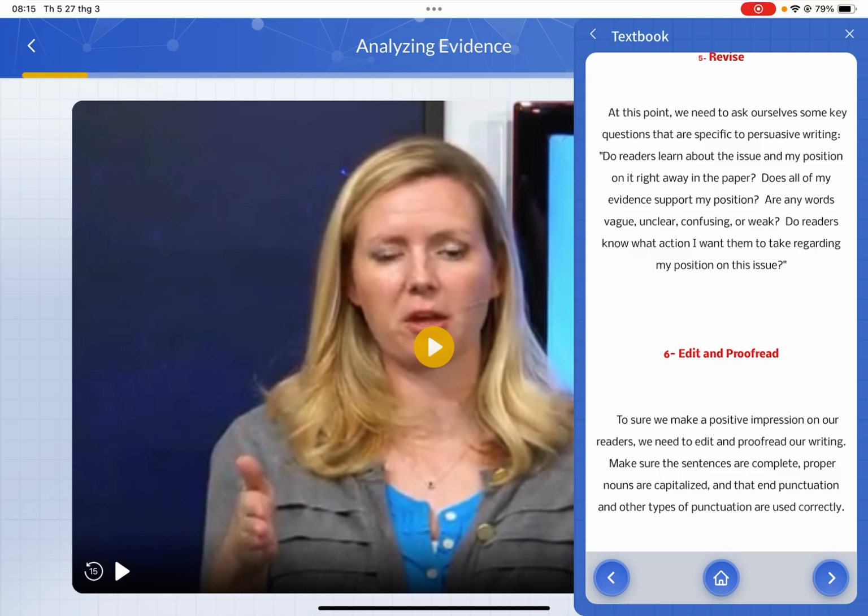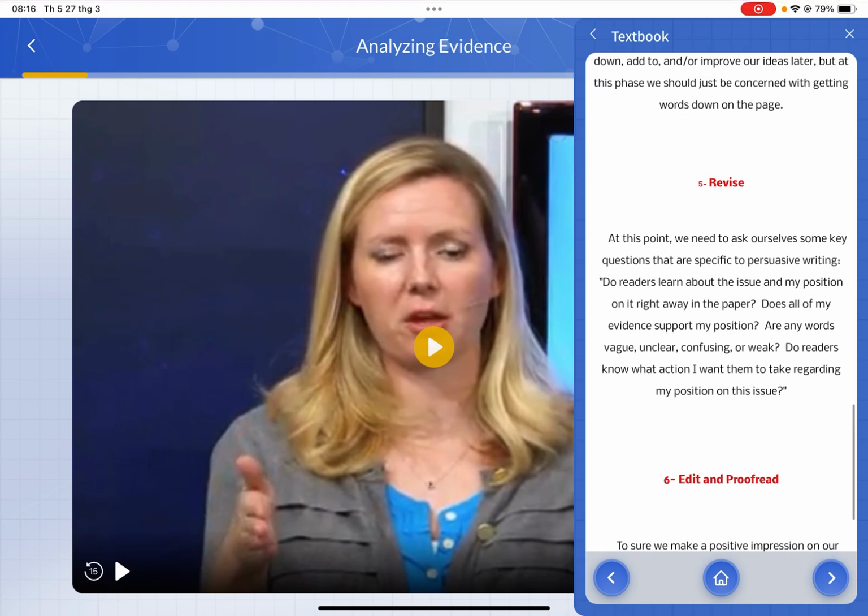And we proofread our writing to make sure the sentences are complete, proper nouns are capitalized, and that end punctuation and other types of punctuation are used correctly. And also there's spelling too, to see if it is correct. You can check it on the internet.